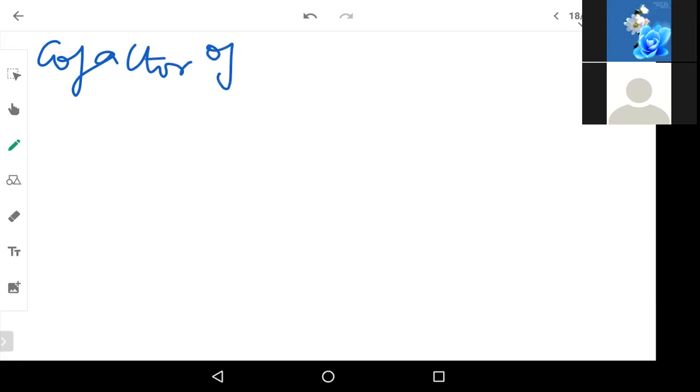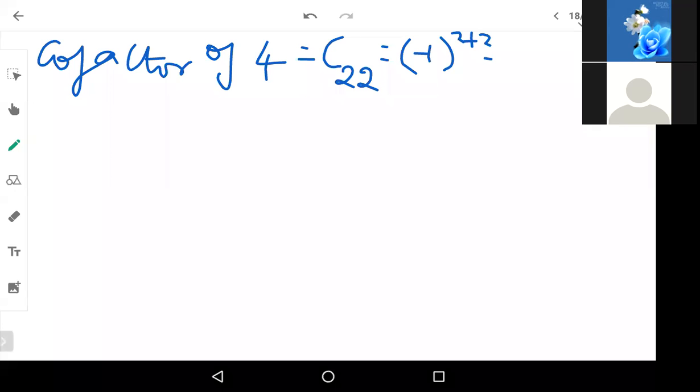Cofactor of 4, that will be C, second row, second column, minus 1 to the power 2 plus 2. Determinant. What will be the minor now? For 4, 1 minus 3, 1 and minus 1. Yeah, correct.